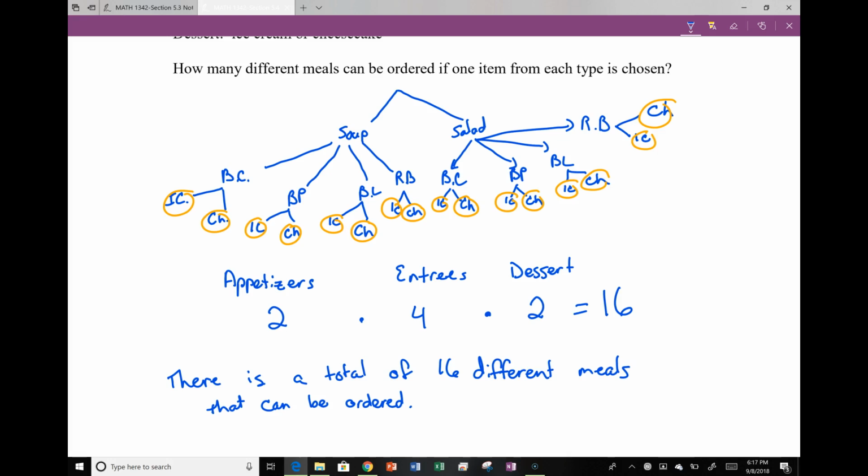So we can take however many of each selection there are and find out how many different meals can be ordered, or how many different outfits are in your closet. You have different color pants, different color shirts, different color shoes. You can actually figure out how many different combinations are in your closet.